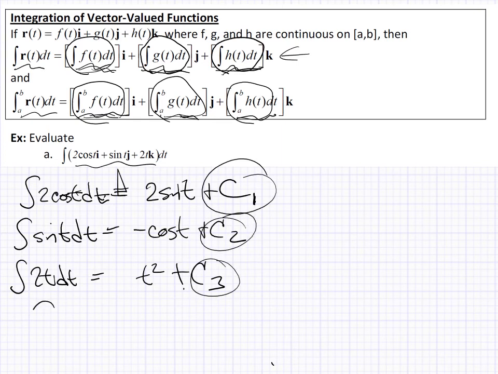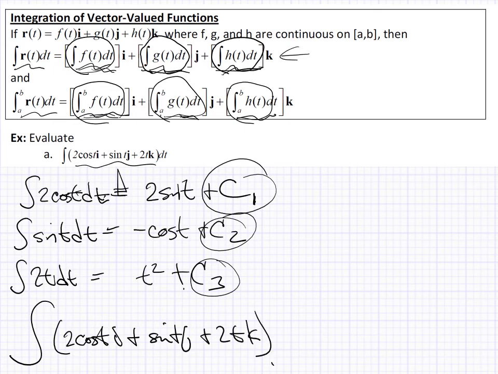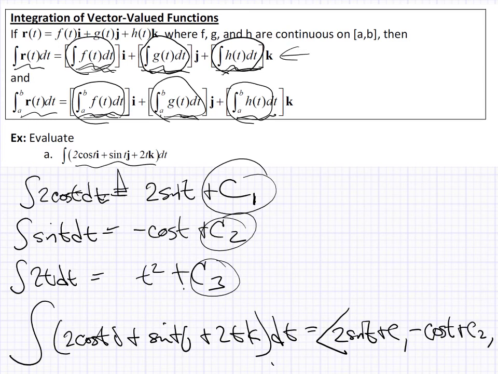So then the integral of that vector valued function, say 2 cosine t i plus sine t j plus 2t k dt, would be the vector 2 sine t plus c1 in the first component, minus cosine t plus c2 in the second component, and then the third component I'll have to write down here because I'm out of space, t squared plus c3 in the third component.